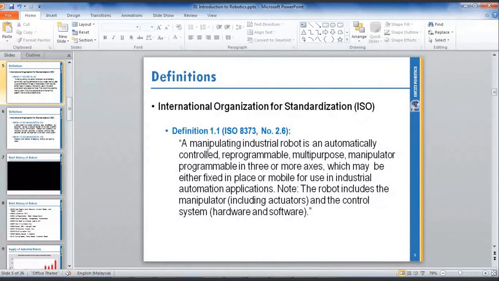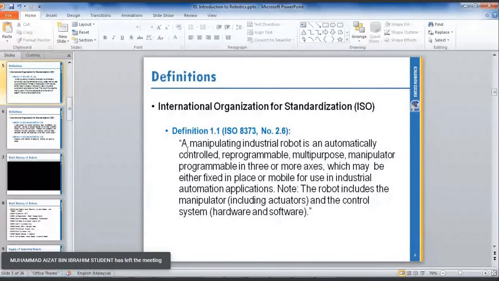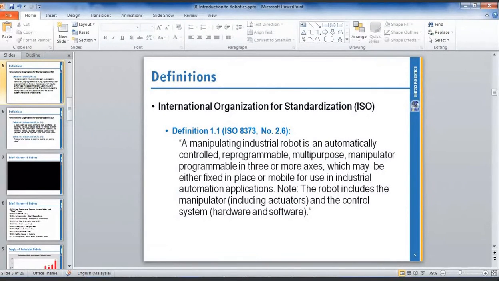A manipulating industrial robot is an automatically controlled, reprogrammable, multi-purpose manipulator programmable in 3 or more axes, which may be either fixed in place or mobile for use in industrial automation applications. The robot includes the manipulator, including actuator and the control system, hardware and software.